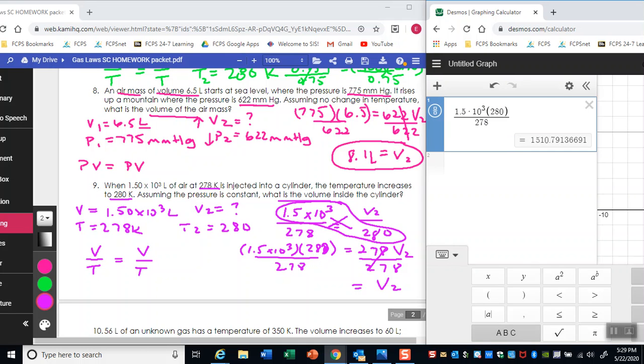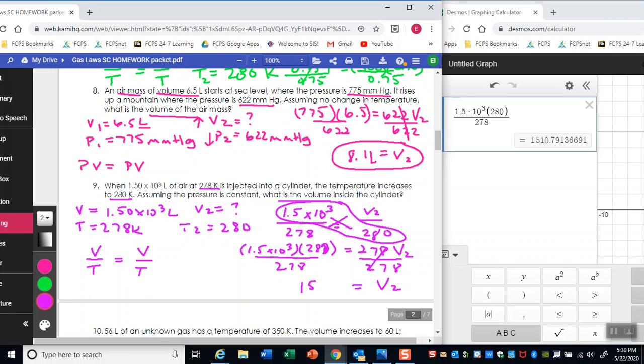And so my new volume is going to be, and now this was in scientific notation, so if I want to make this into scientific notation, what I've got here is 1,510, right? 0.79, right?